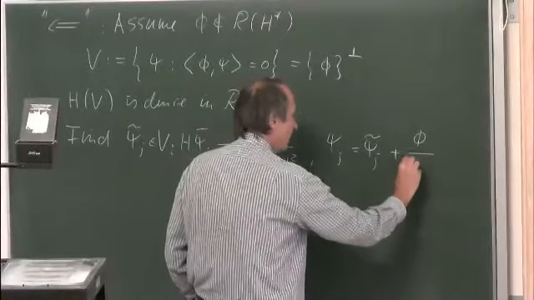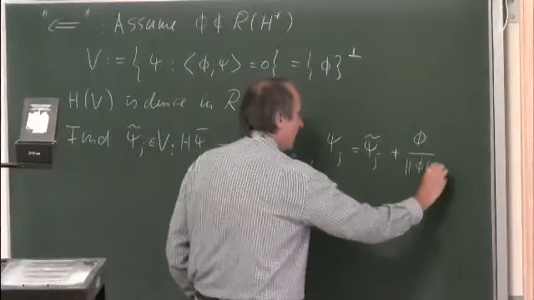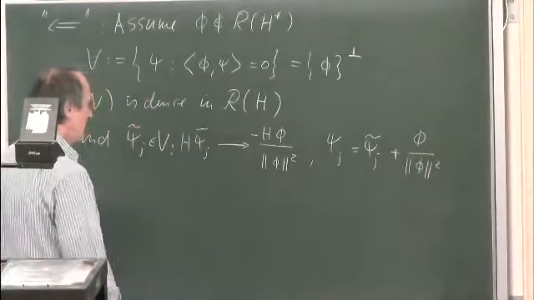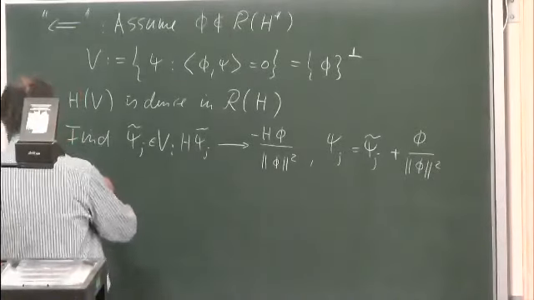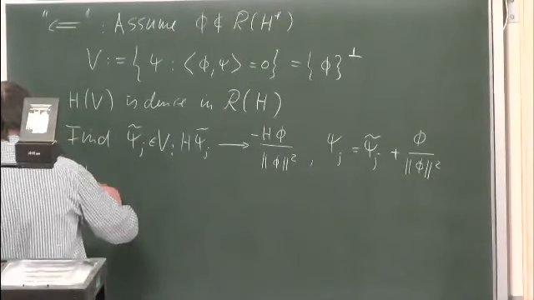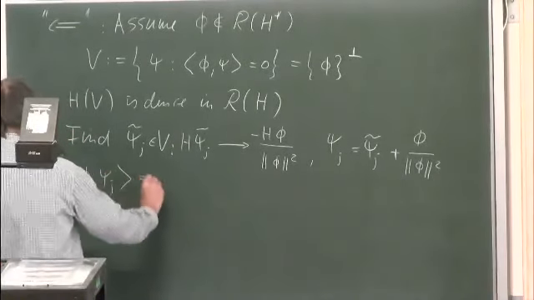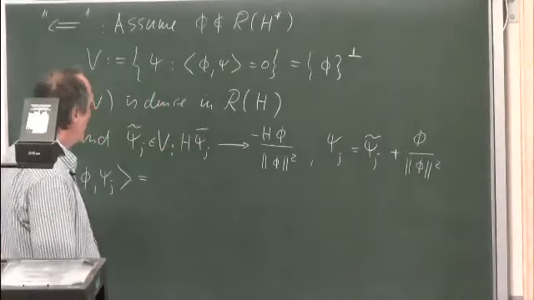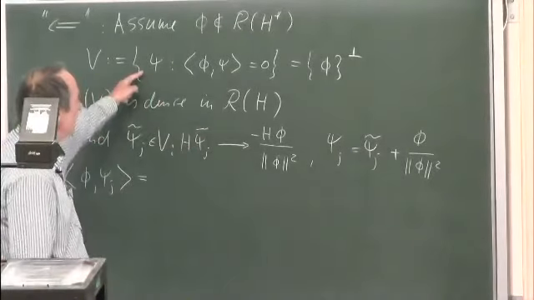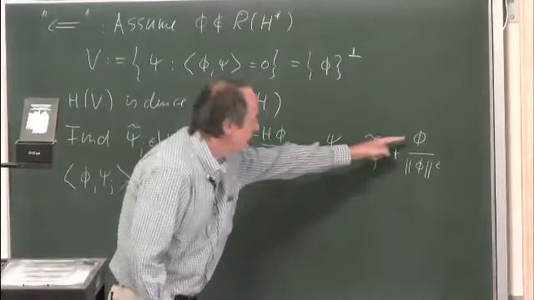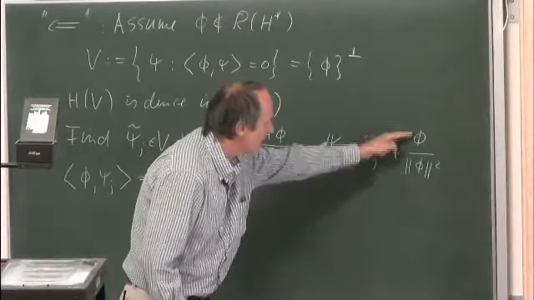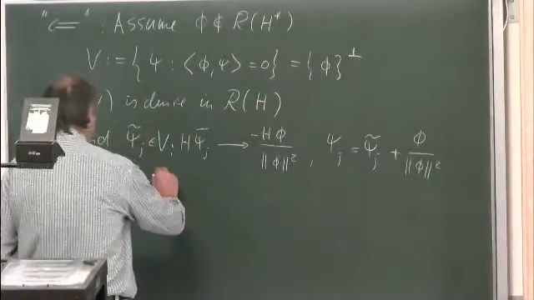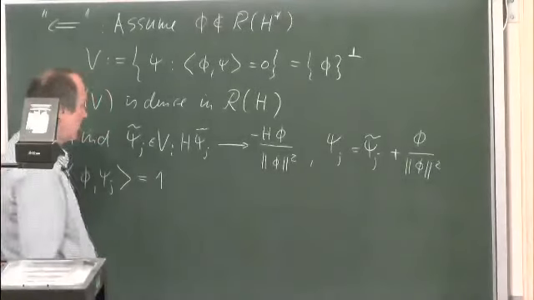phi over phi square. What do we have now? Now we have, if we multiply it by phi, then phi of that is 0, because this is in V, and phi multiplied by this is phi square over that, which is 1, right?